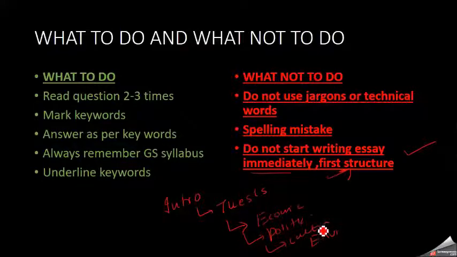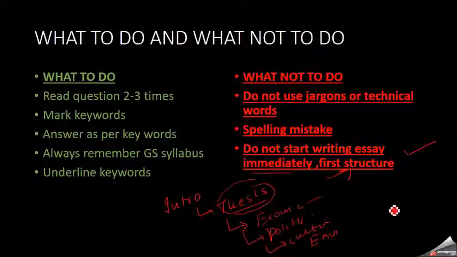In this way you structure your essay. Since you have written the thesis statement, you are going to prove it. In the economic paragraph you can write various economic points, then quote some current affair which proves your thesis point. In this way you can do it for all of these. It's as simple as that.